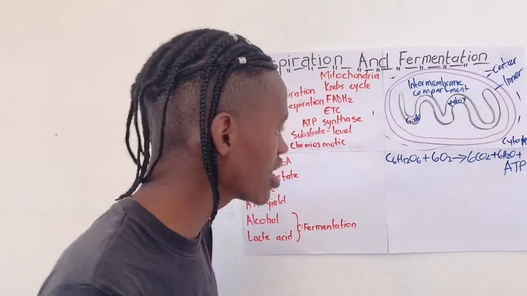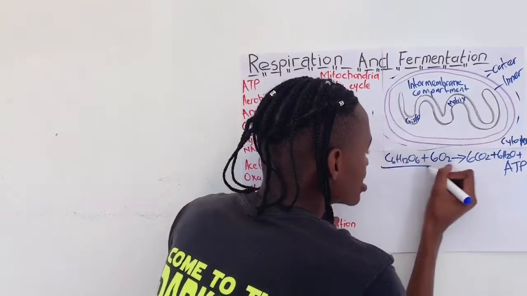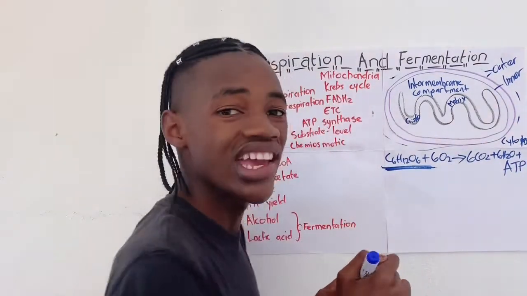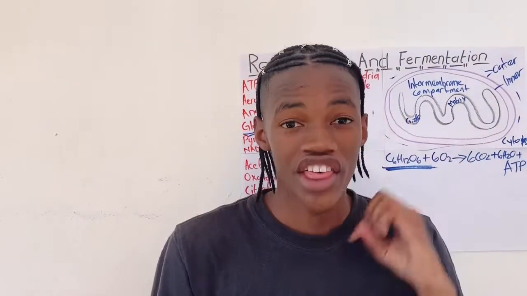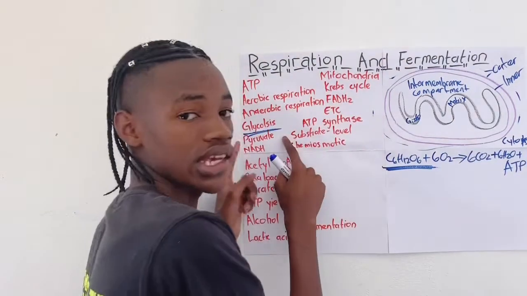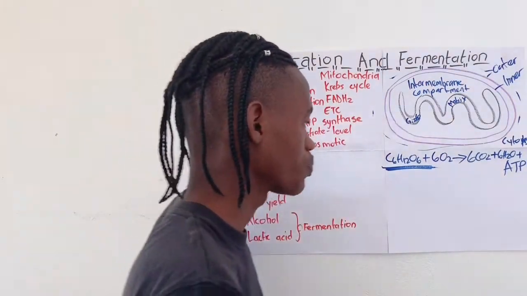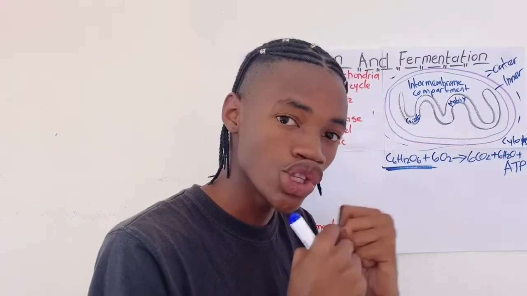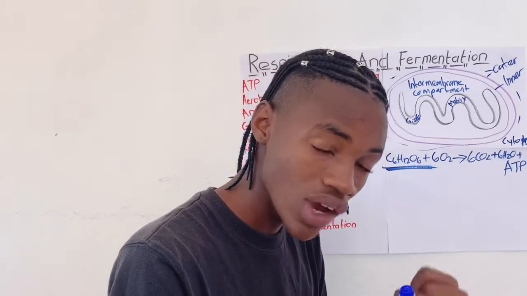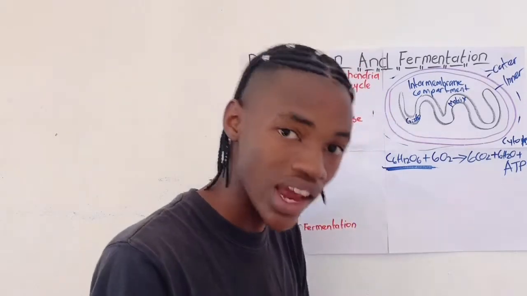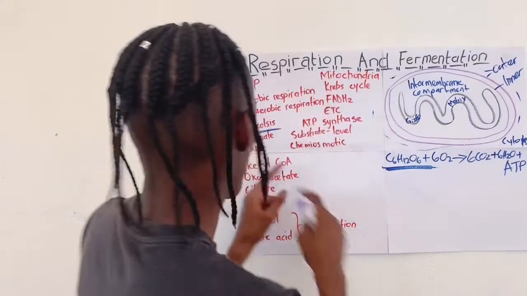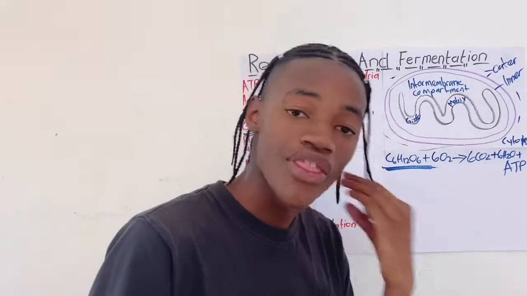So now in glycolysis, the cell uses 2 molecules of ATP already, and those molecules of ATP help to break down this glucose molecule, and this glucose molecule is broken down into 2 3-carbon molecules that are called pyruvate. After it uses the 2 ATP, it breaks the glucose and forms 2 pyruvate molecules, which are 3-carbon molecules.